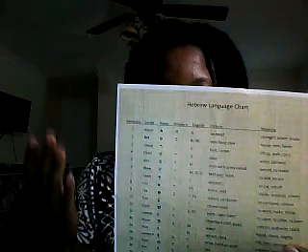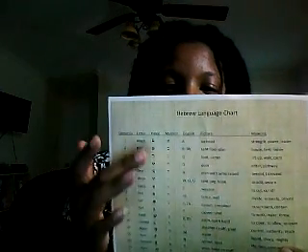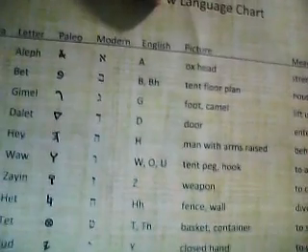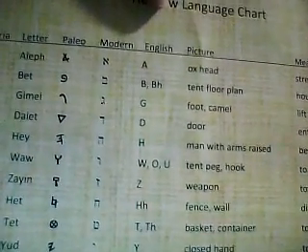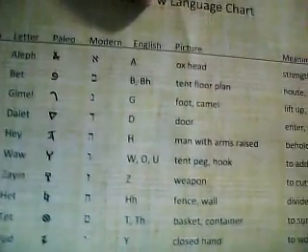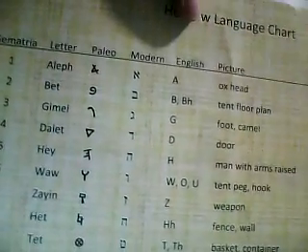Then it shows Paleo Hebrew, which was one of the earliest forms of Hebrew, modern Hebrew, English, and what the pictograph was and what that letter means. We use that. The first 2 letters in Hebrew are the Aleph and Bet, and that's where we get alphabet from.